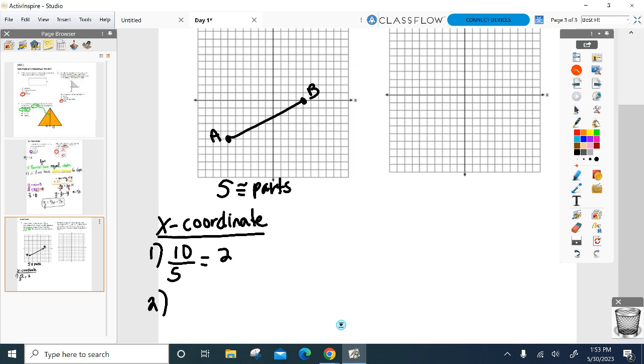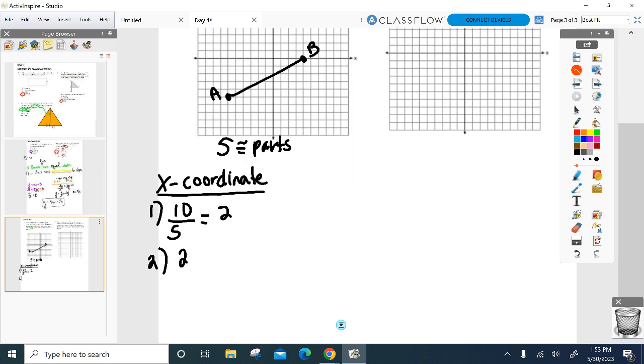Take a look. I'm going to go 2 units twice, for a total of 4 units. That's how many moves I make on the x-axis. How many units I go. Total units. All right, you said go 4 total units, but from where?